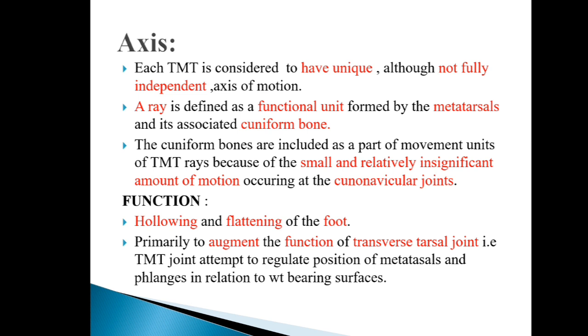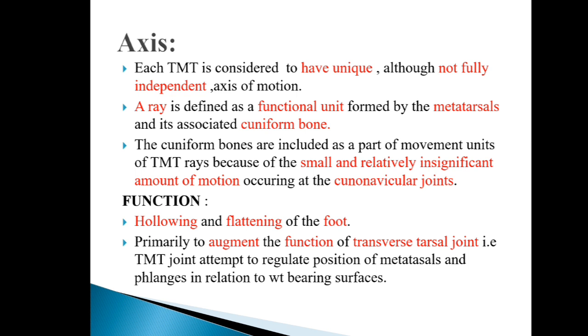A ray is defined as a functional unit formed by the metatarsal and its associated cuneiform. The cuneiforms are included as part of the movement unit because of the small and relatively insignificant amount of motion.